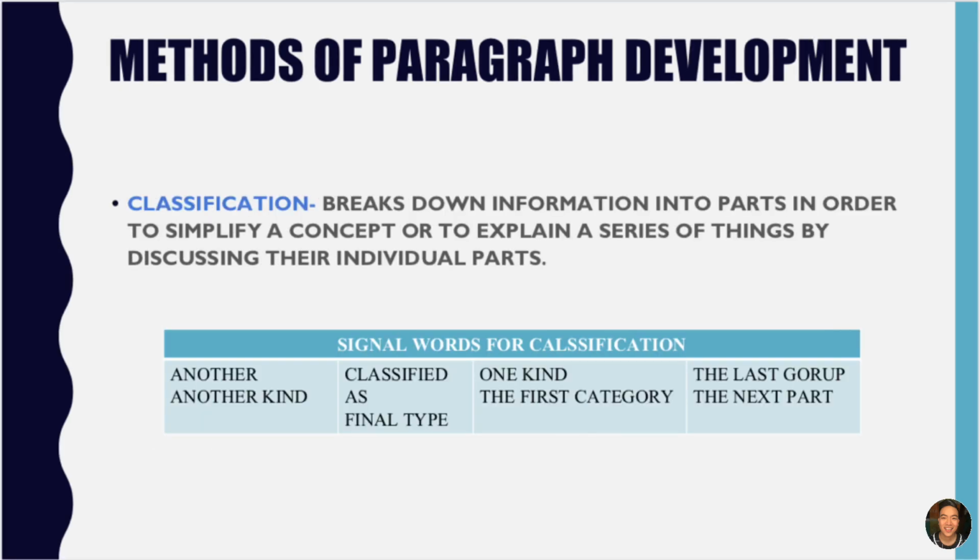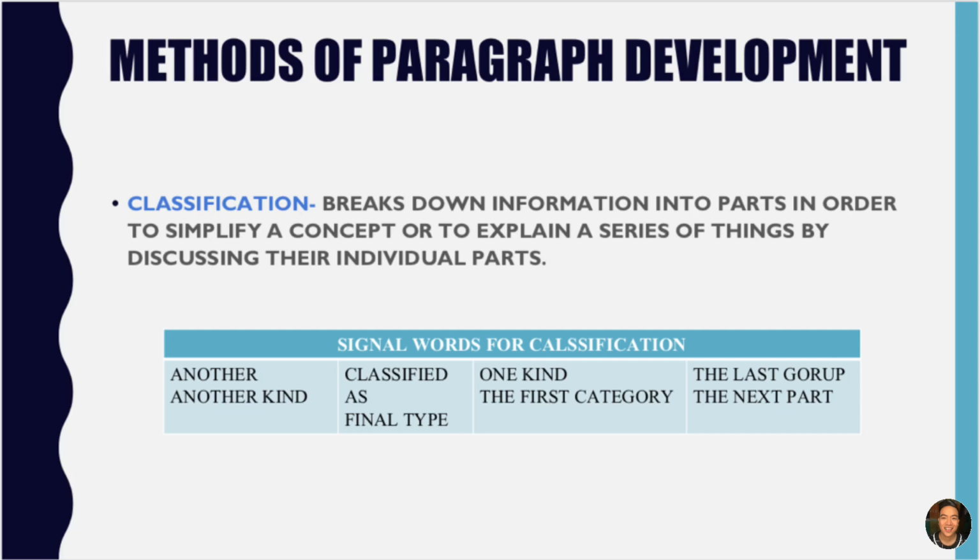Second, we have classification. It breaks down information into parts in order to simplify a concept or to explain a series of things by discussing their individual parts. This pattern organizes ideas into categories or divisions, based on criteria and standards.